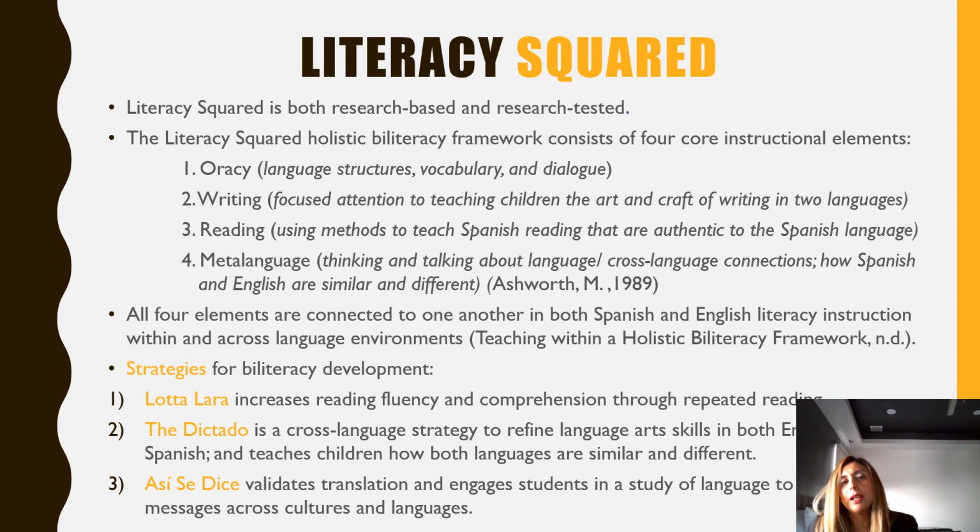Literacy Squared. Literacy Squared is both research-based and research-tested. The Literacy Squared Holistic Biliteracy Framework consists of 4 core instructional elements, which are oracy, language structure, vocabulary, and dialogue; writing, which is focused on teaching children the art and the craft of writing in 2 languages; reading, using methods to teach Spanish reading that are authentic to the Spanish language; and metalanguage, thinking and talking about language, cross-language connections, and how Spanish and English are similar and different.